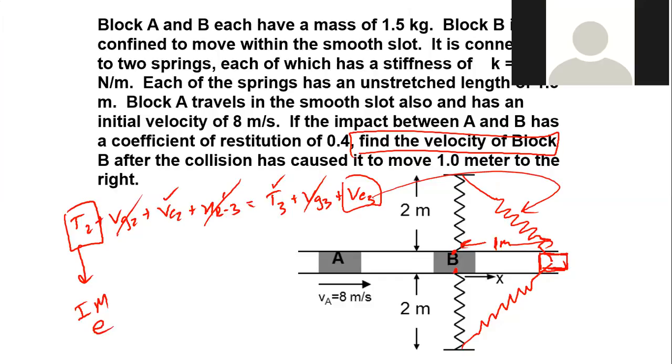So when we're setting up the VE, the elastic potential energy, do we just multiply that by 2? So it's like 2 VE? Yeah, exactly, since there are 2 springs.